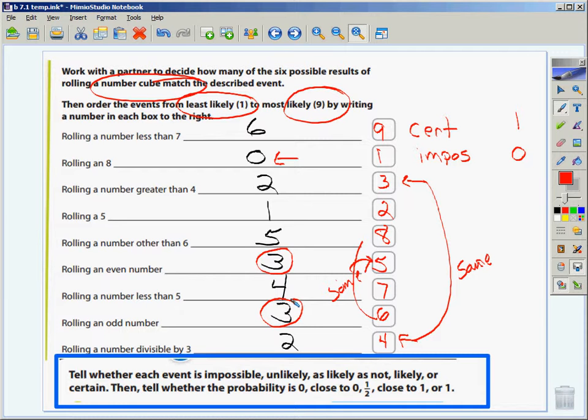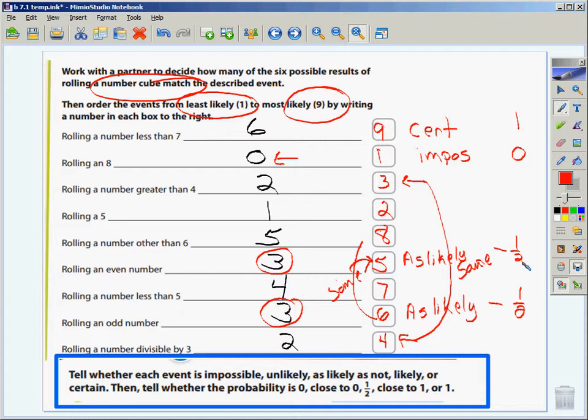So 3 out of 6. This is as likely as not. In other words, the probability of these two happening would be 50-50, half.